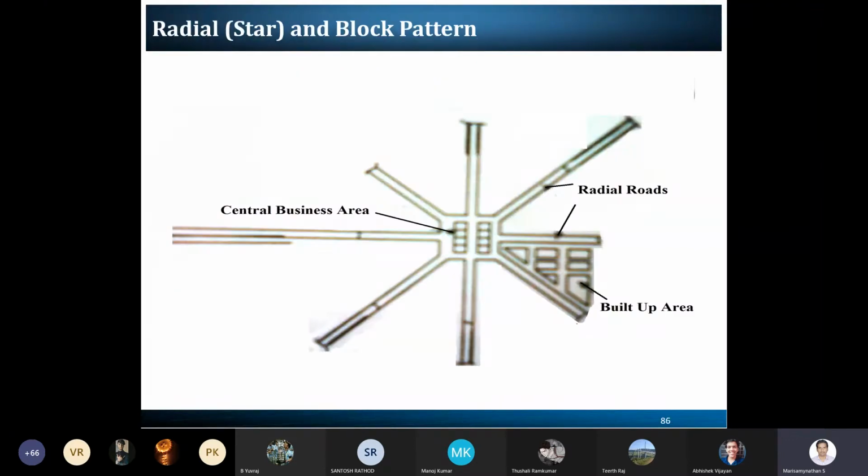The first one is the radial, or star, and block pattern. You can see this is the radial, and then the block also. And only rectangular blocks also we have. This is one type of pattern which we design.